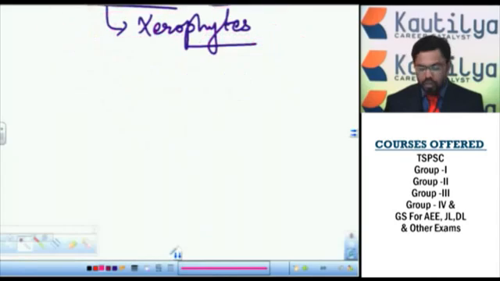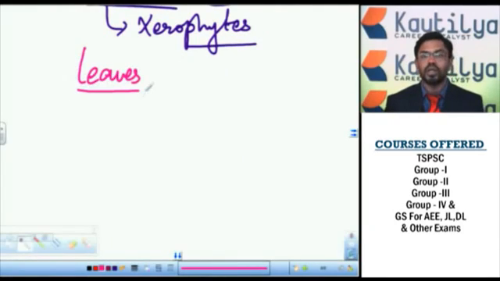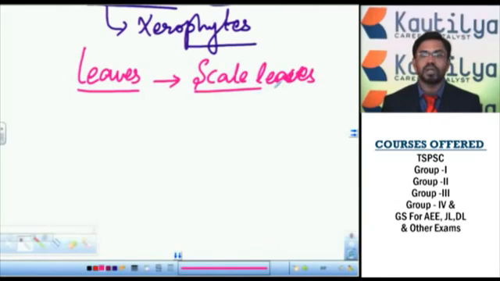Also, the leaves are modified to form scale leaves. So the presence of scale leaves and scotoactive stomata is an adaptation to reduce the rate of transpiration.